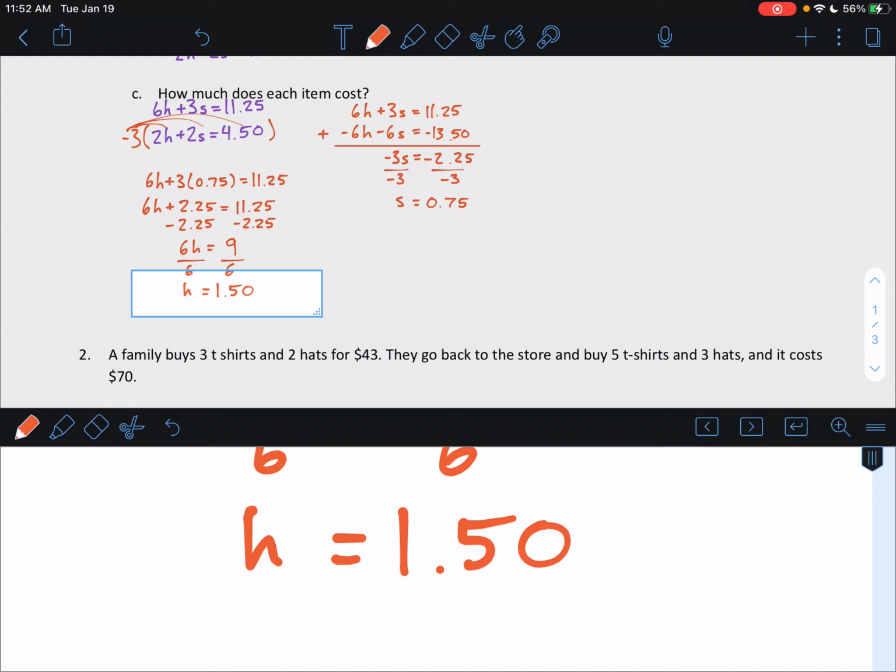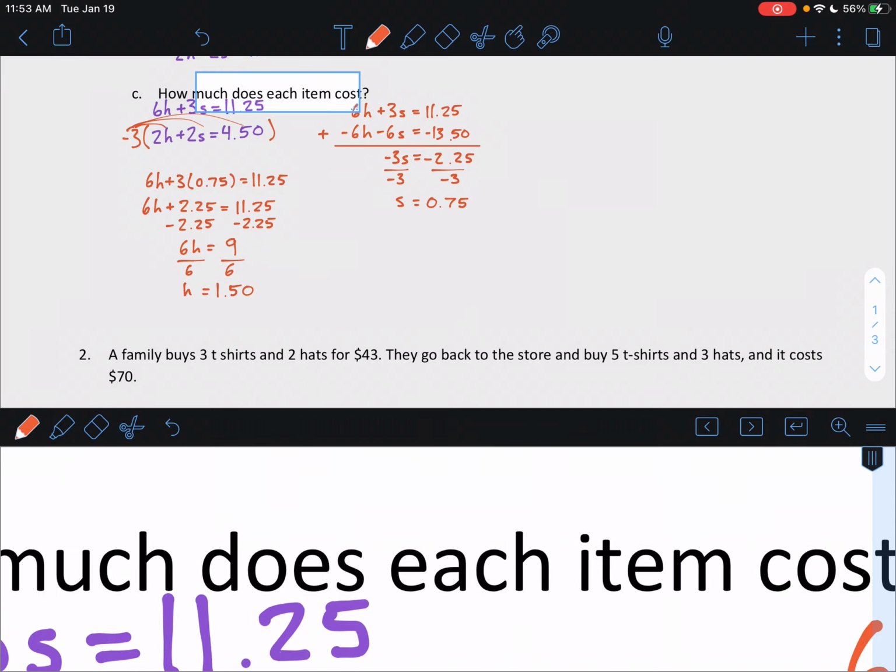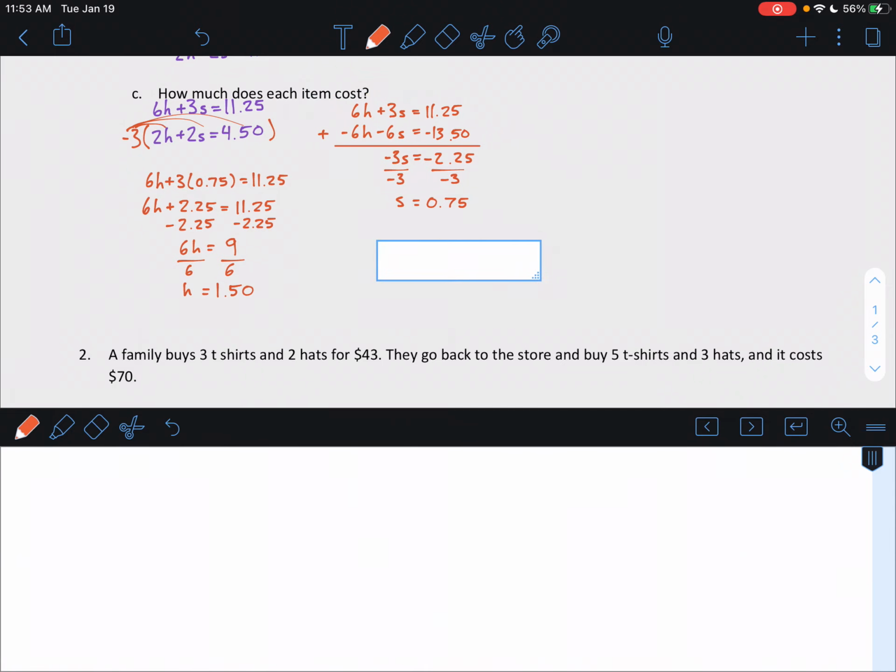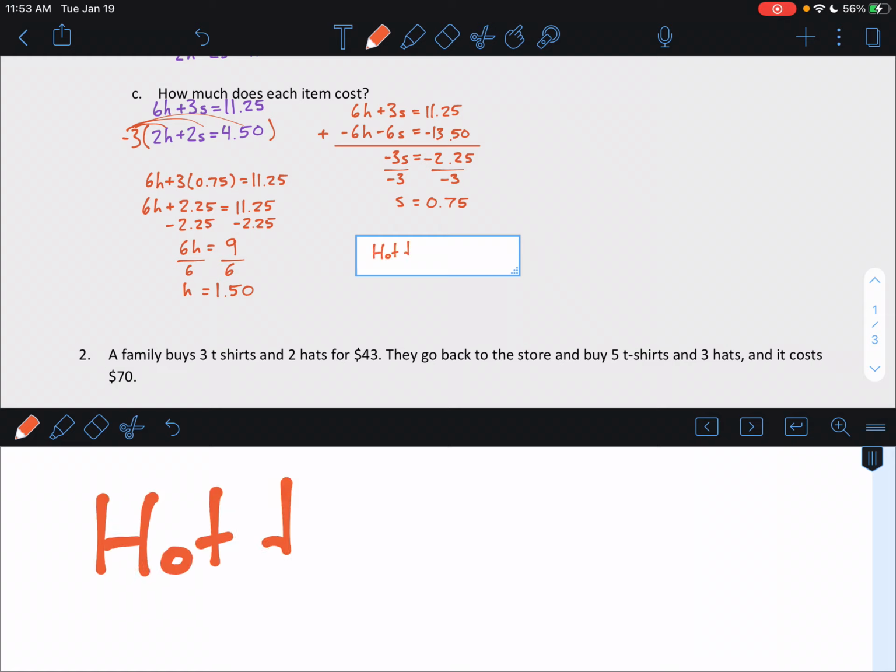So remember, we're modeling a situation using a system of equations, so I need to answer this in a full sentence. It asked, how much does each item cost? So the answer is hot dogs cost $1.50, because we said H equals 1.50.